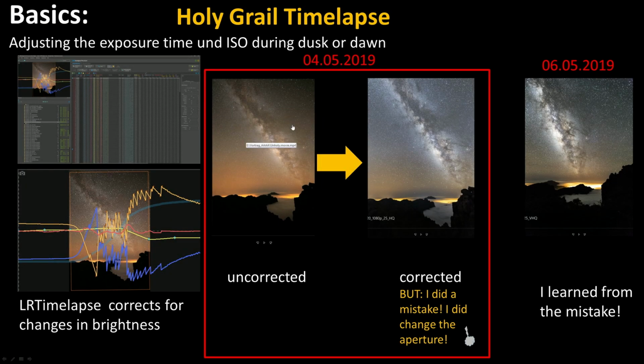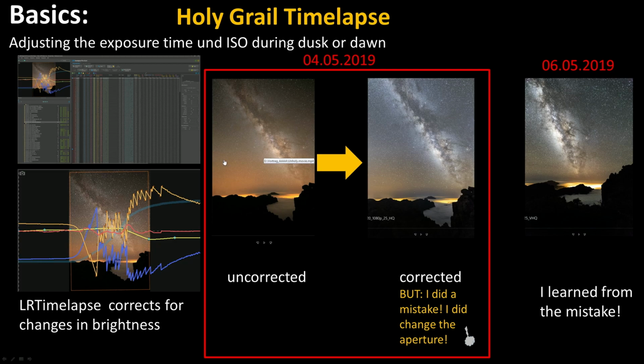And to remove this flickering, you can use programs. For example, a very nice program is LR Timelapse, and it analyzes the single exposures of your timelapse, notices that you changed the exposure time, and then corrects the brightness of the image correspondingly.